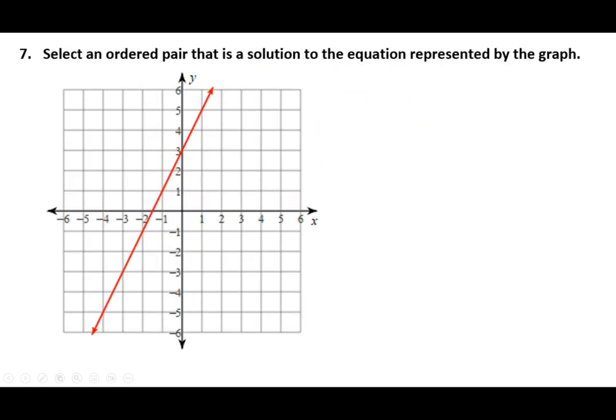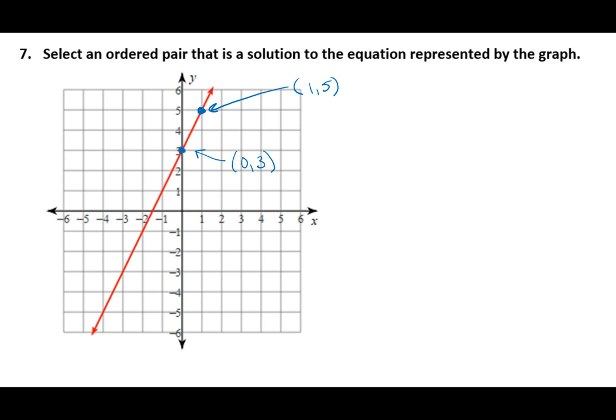So select an ordered pair that is a solution to the equation. There are many solutions to this one. In your test, it will be multiple choice. A solution could be this point right here, which is 1, 5. Another solution could be this one, which is 0, 3.